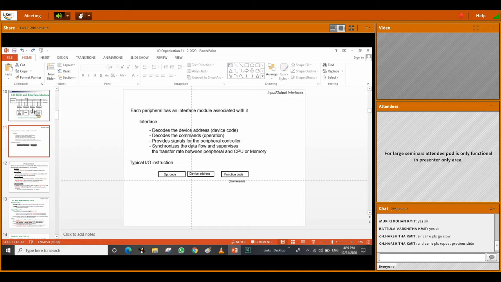Each peripheral has an interface module associated with it, which decodes the device address, that is the device code, and decodes the commands and operations. It provides the signals for the peripheral controller, synchronizes the data flow and supervises the transfer rate between the peripherals and the CPU. These are the processes under the I/O bus and interface module.